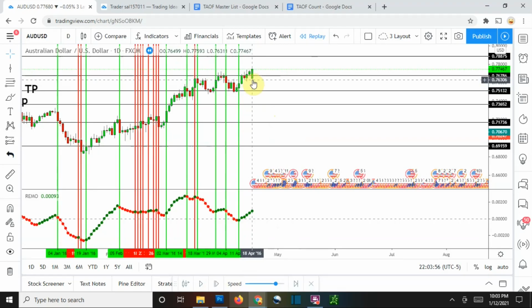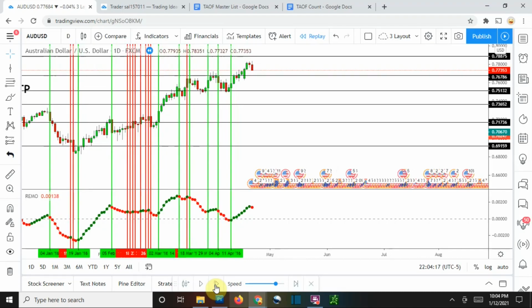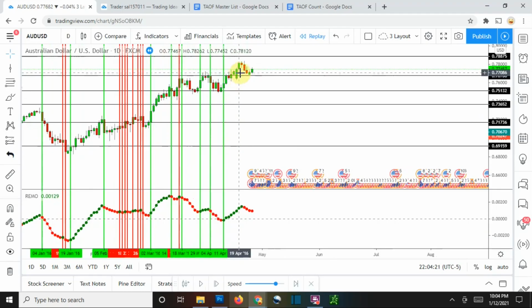That was a rather strange candle right there because we went from one week's close to one week's open, and it was a gap down, and then it ended up coming up and giving us that green candle there. And looks like it's going to hold this level. It has now come down, hit this area.